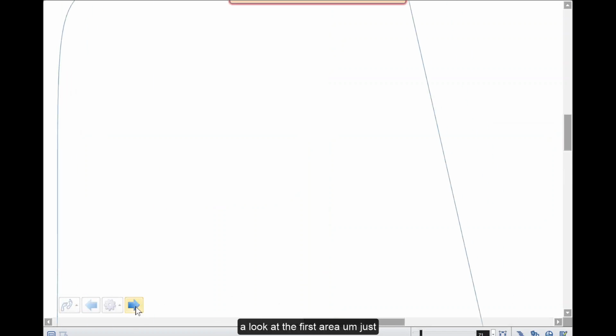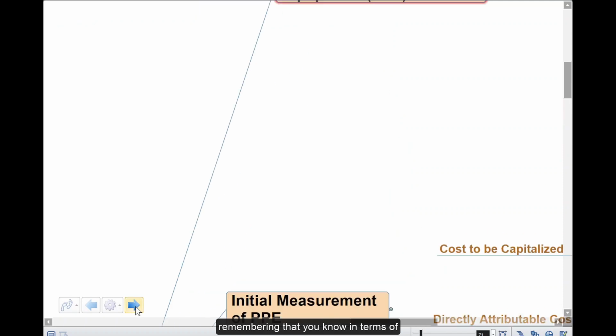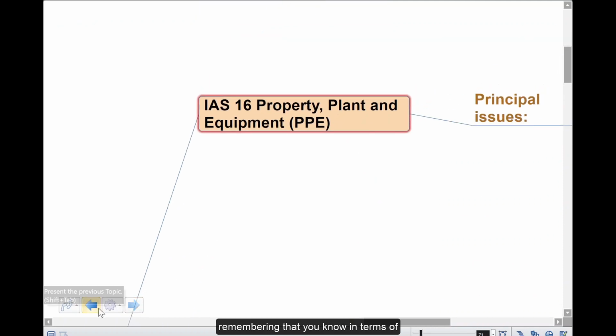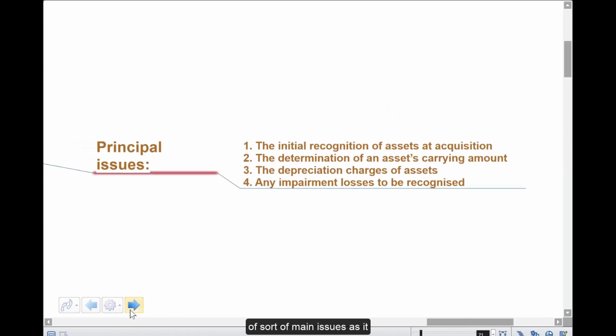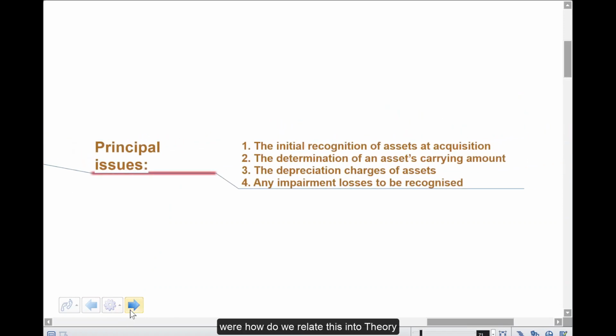So let's take a look at the first area, just remembering that, in terms of the core of many of these chapters, the double entry is key. So this first area of main issues, as it were, how do we relate this into theory and also think about the double entry side?